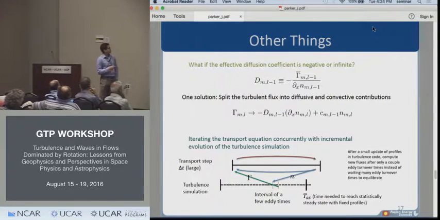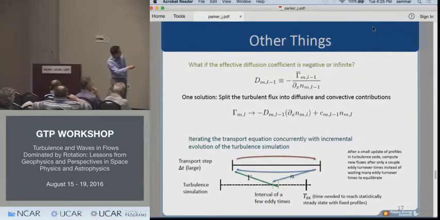It's given to the transport equation. You take your iteration, and so now you have a new iterate n that you can return to the turbulence simulation. And then this turbulence simulation, you can run it for a little bit, but it doesn't necessarily have to be the entire time it would take to reach statistically steady state on its own. And then you can return that and repeat the cycle.